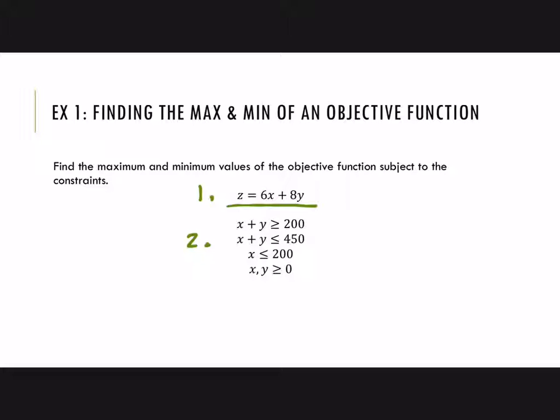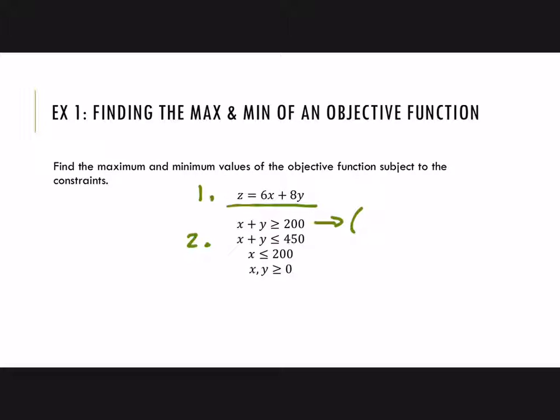Alright, so remember, for graphing inequalities, we want to graph the boundary lines and then shade one side or the other. To graph lines, we could either choose points that are true, or we could use slope-intercept form. For these, I'm going to choose to do points, just because these are x plus y. It seems like we could find some points fairly easily. And I think I'm also going to find the intercepts, because I'd like to know what scale to use for my axes.